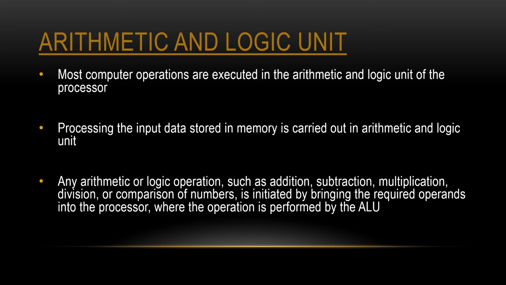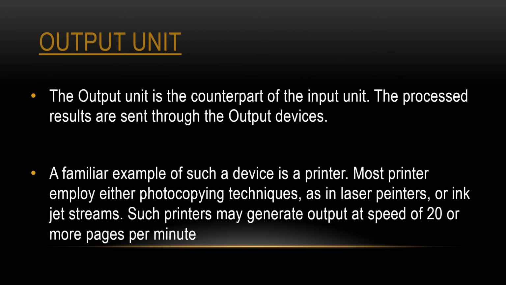Then next is the output unit. The output unit is just the opposite of the input unit, that is, its counterpart. Its function is to send processed results to the outside world. For example, here we take a device such as a printer.